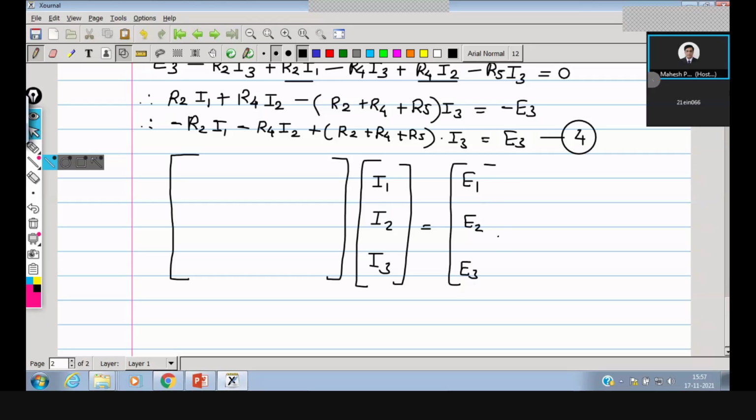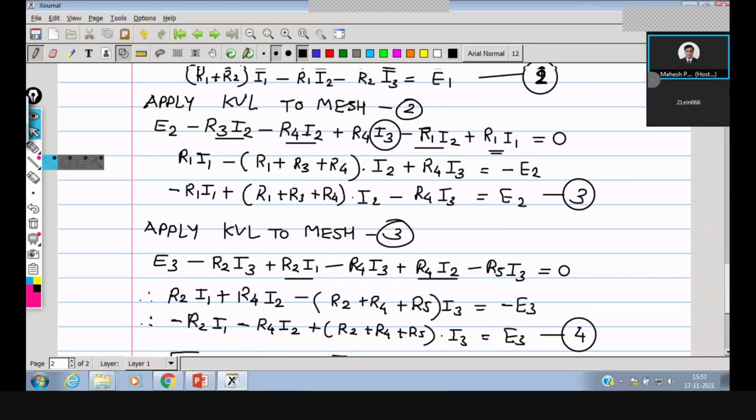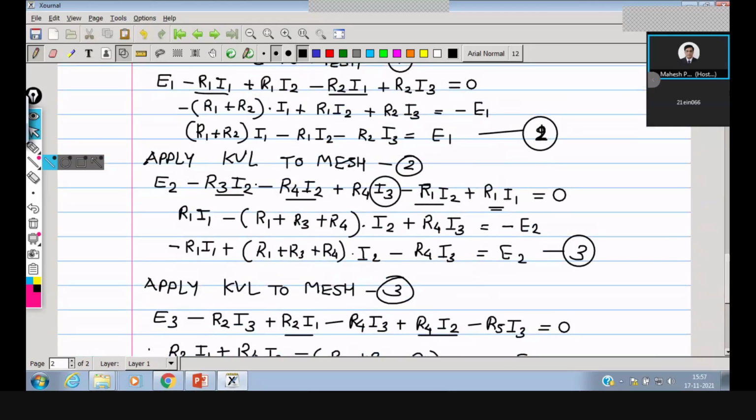In the example, these active voltage sources, batteries E1, E2 and E3, are given with their values. Now if you look at equations number 1, 2, 3 and 4, in equation number 2 it is mentioned R1, R2. Here it is minus R1, and here it is minus R2.